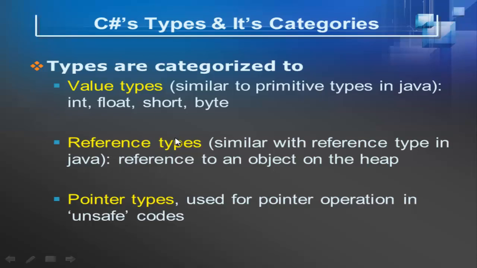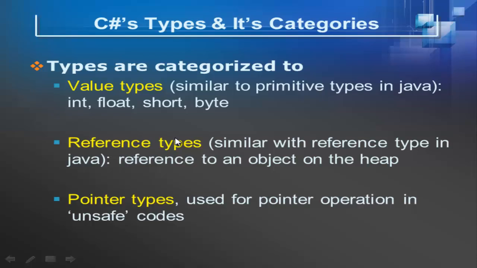They are similar to the reference type in Java, whereas the value types are similar to the primitive types that you see in Java. C# also supports the pointer types, but if you are using pointers, then you have to mark that particular section of the code as unsafe, and when you mark it, the common language runtime will not bother about handling that section of the code.